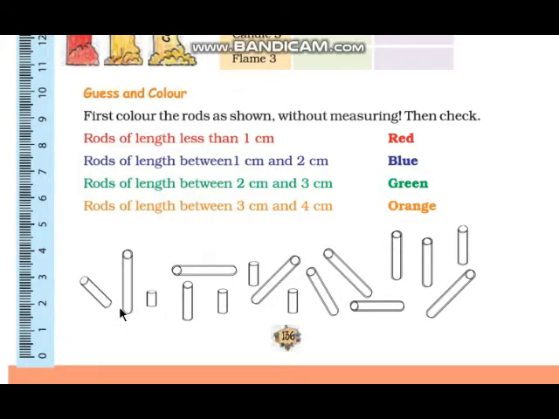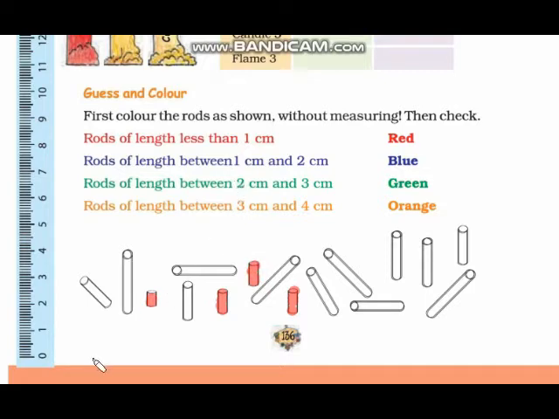If you observe here, the smaller rods have the length of 1 cm. So this we can color with red. This is also smaller, so red. This is also red. This is also smaller, so red.